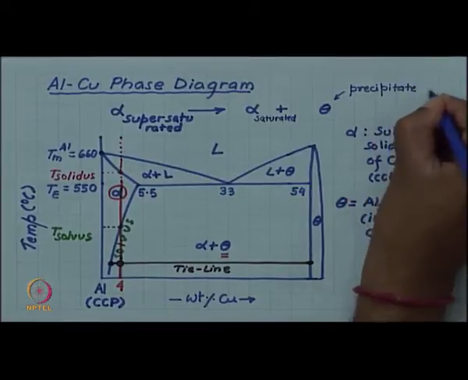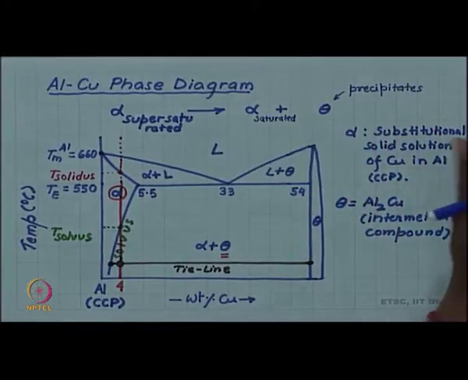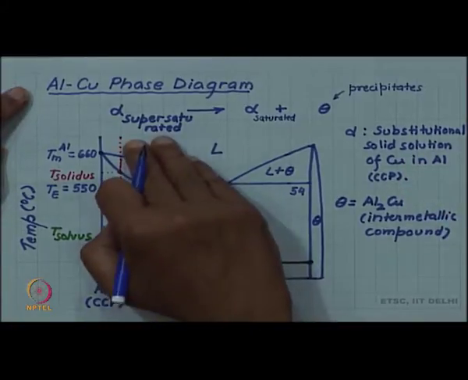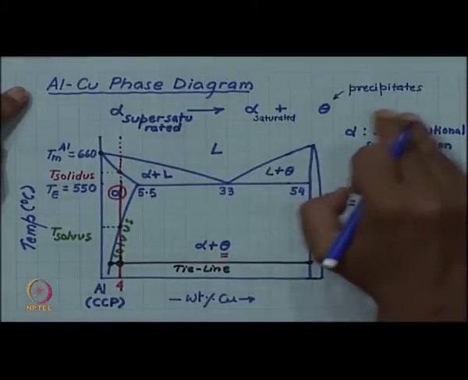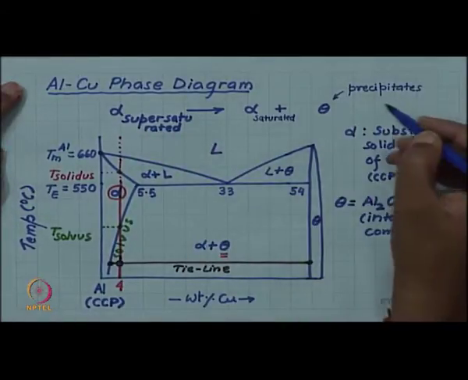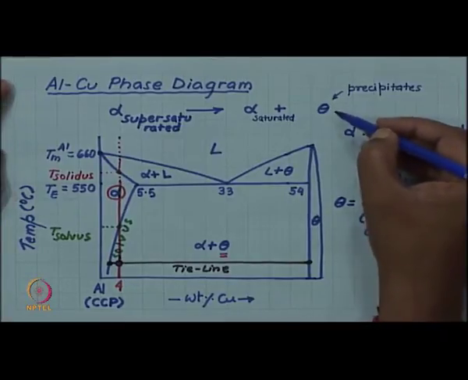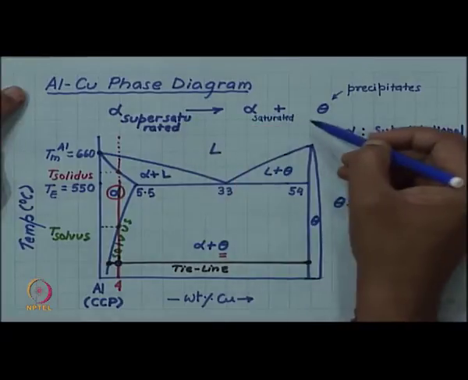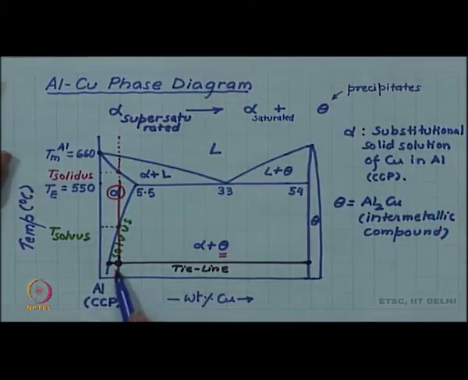So, this is a solid state precipitation, just like when you mix two liquids and if a solid comes out, that is called precipitation. Here a single solid phase decomposes and gives you another new phase which is called the precipitate theta, and the original phase adjusts its composition and goes from supersaturated to saturated.